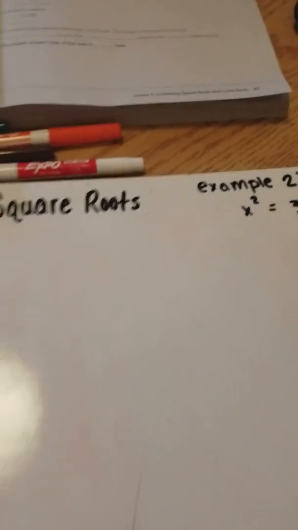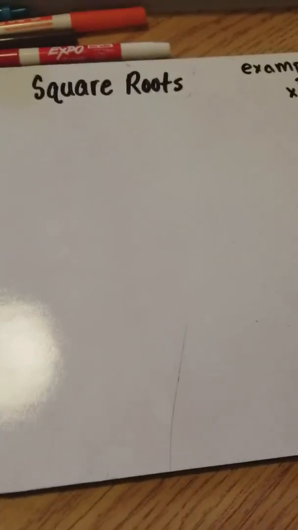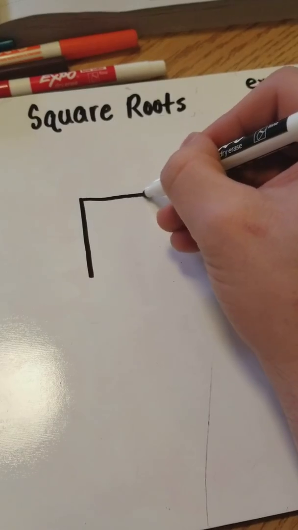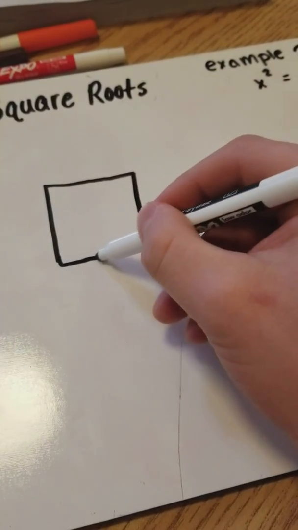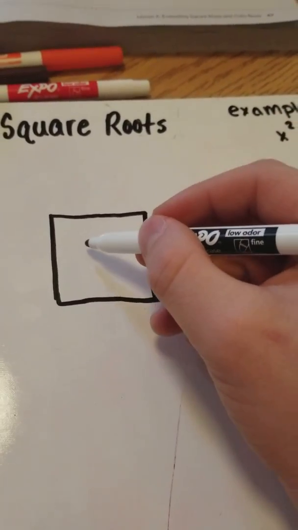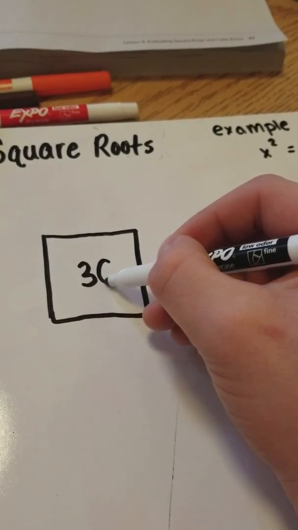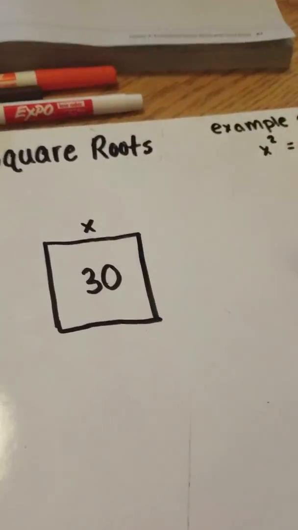All right, for square roots, remember, we can think of the actual square shape and its area. So let's just say I have an area of 30. But I wanted to know what the side lengths were.